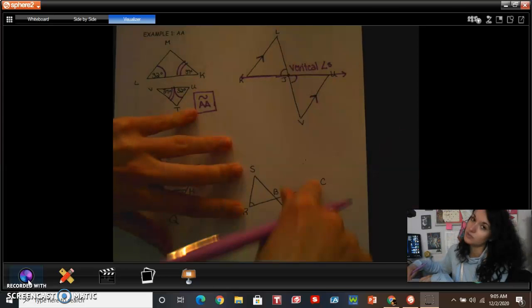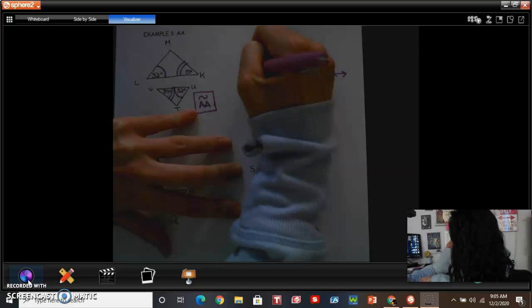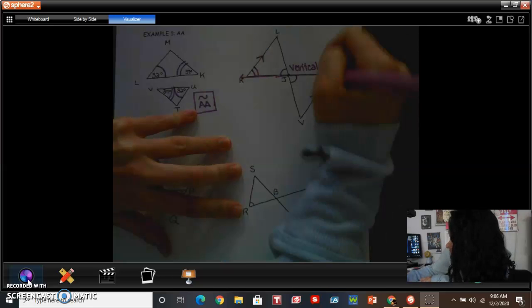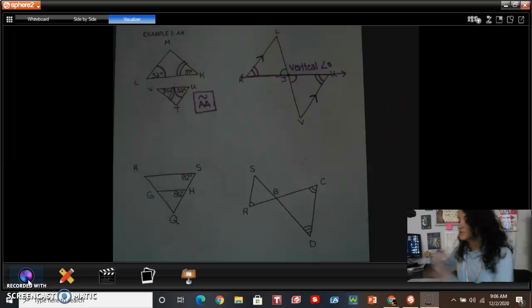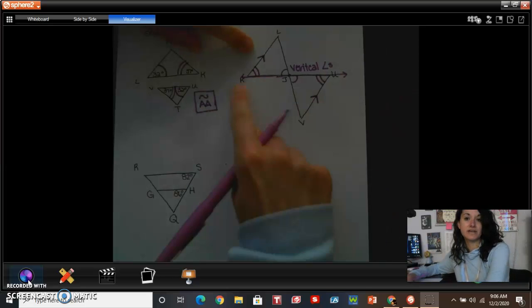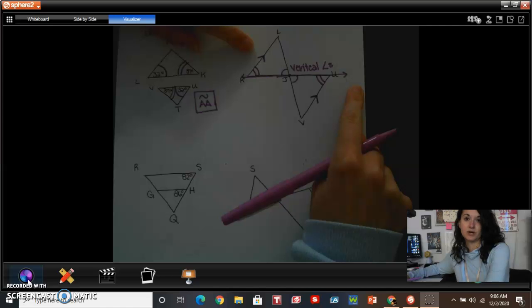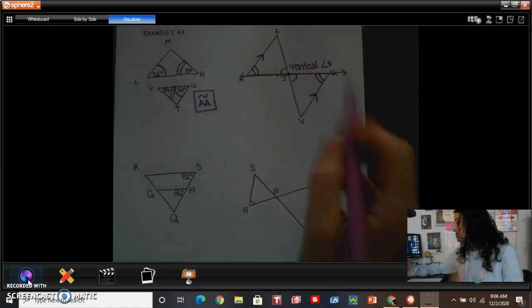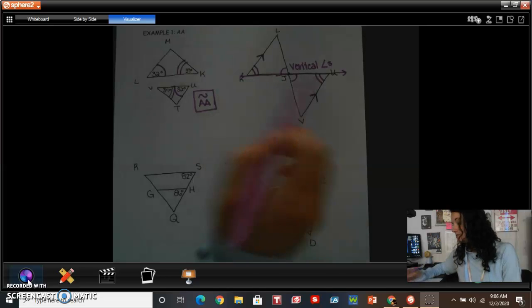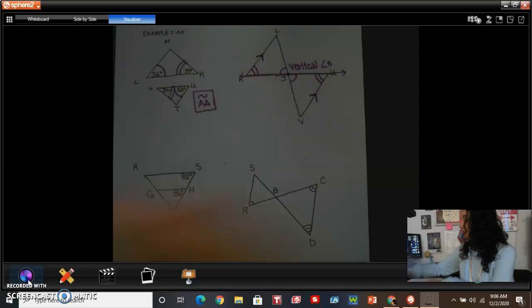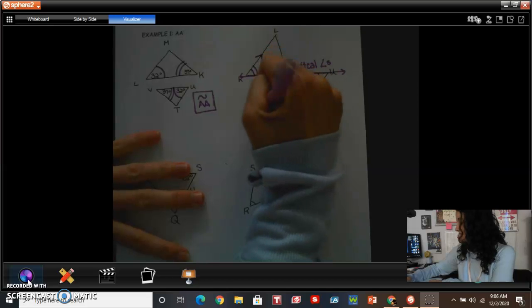That means our alternate interior angles here are also congruent. If you see these arrows, that means we have an alternate interior angle situation going on. So we have this set of angles that are congruent for both of them, and this set of angles that are congruent for both of them. Therefore, we are similar by angle-angle.